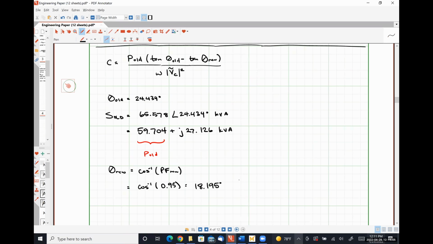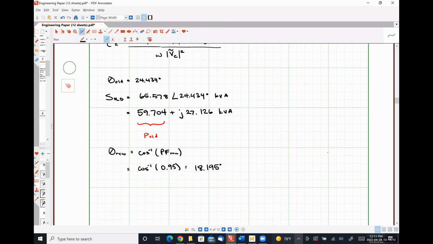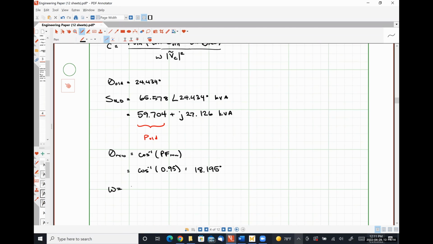All right. How do we get omega? 2 pi times F, exactly correct. So omega is 2 pi F, or 2 pi times 50 hertz, which is 100 pi radians per second.